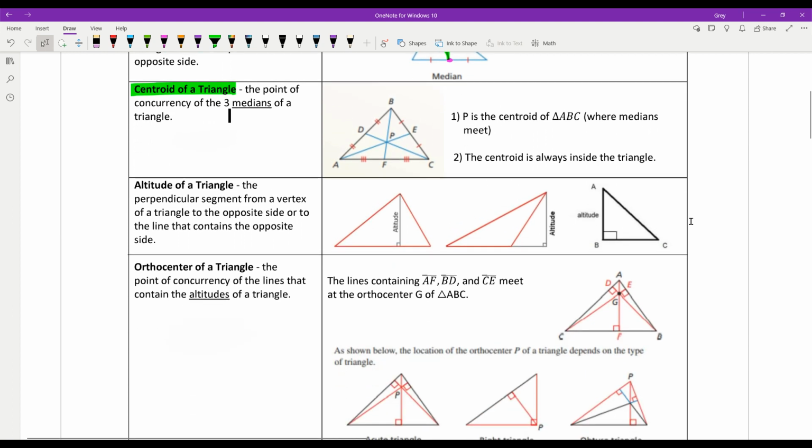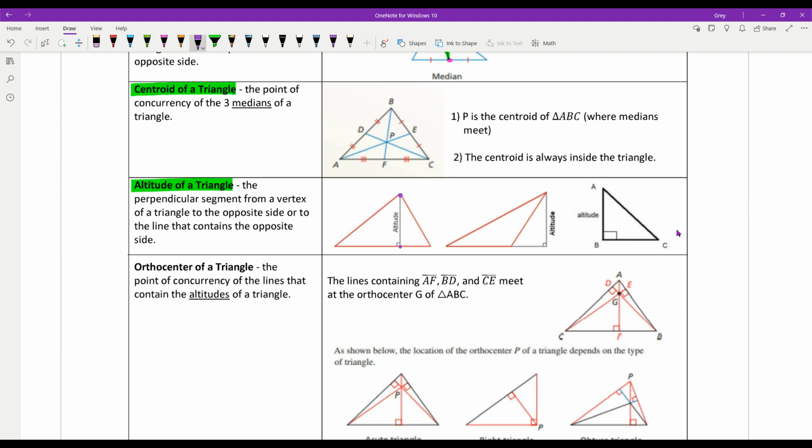So then we have an altitude, and again, knowing the definition. An altitude is the perpendicular segment that joins a vertex to the line containing the opposite side. If I have an acute triangle, then my altitude is going to be inside the triangle. I'm going from the vertex perpendicular to the other side.